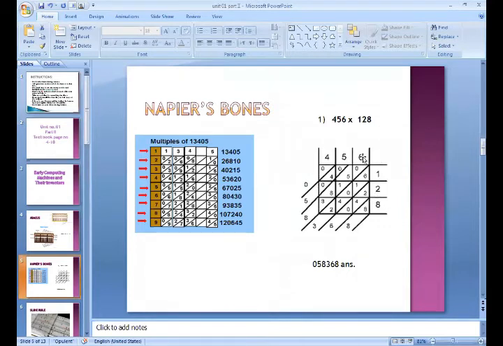We multiply first by 6. 6 times 1 is 6. 6 is the unit and 0 is the ten.